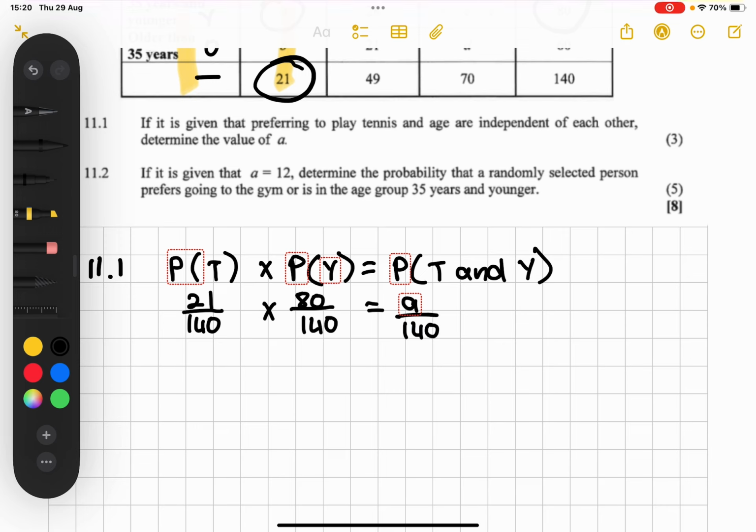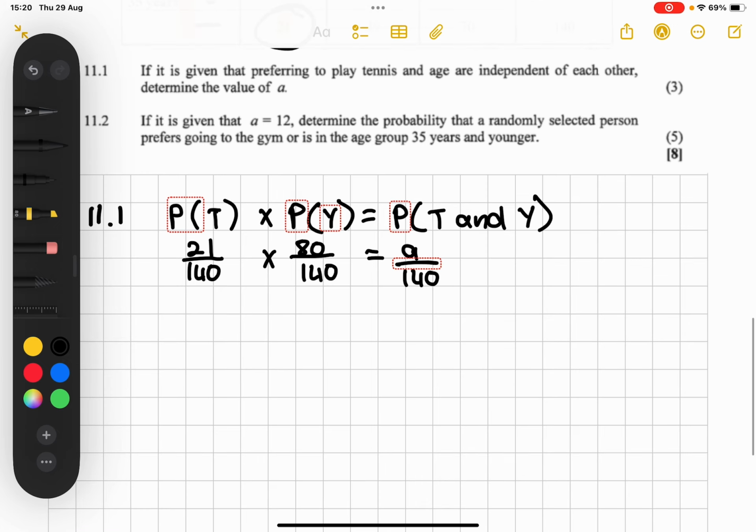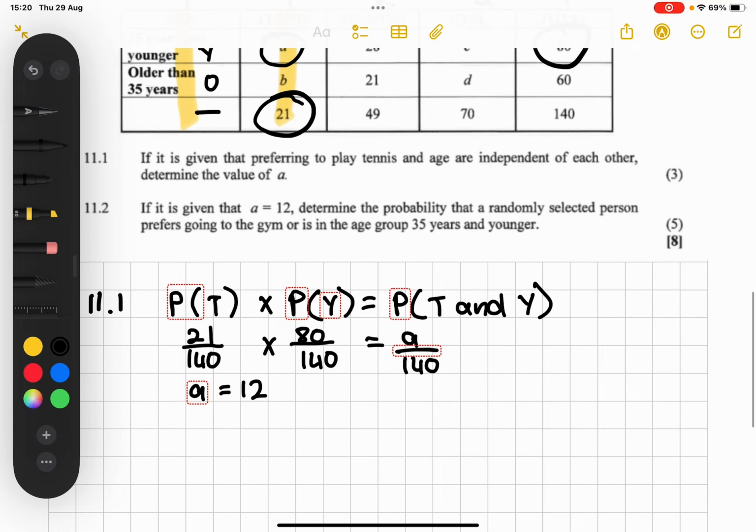If you pop that into your calculator, 21 times 80, you are left with 12. So that means A is equal to 12. I should have just looked at the next question.